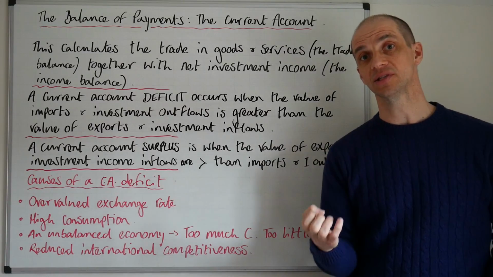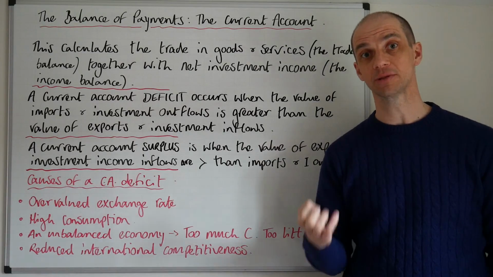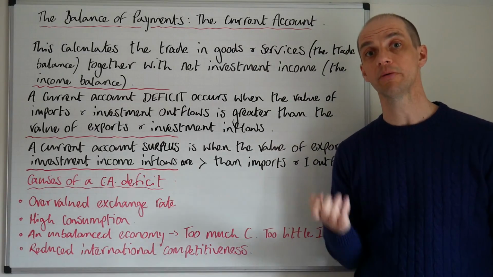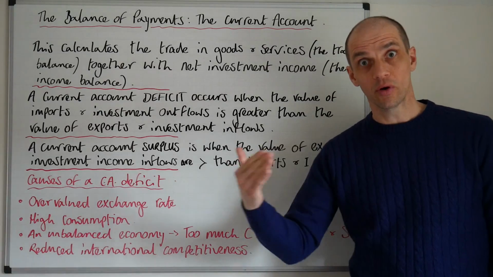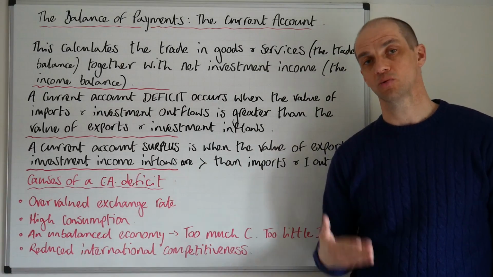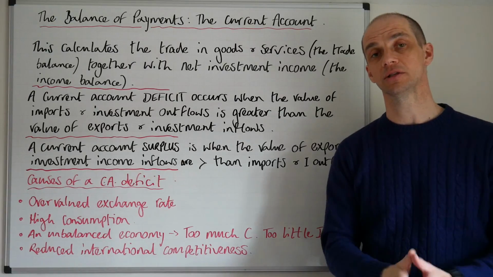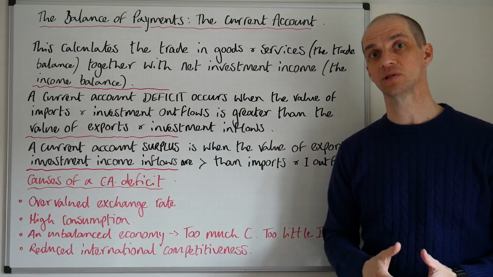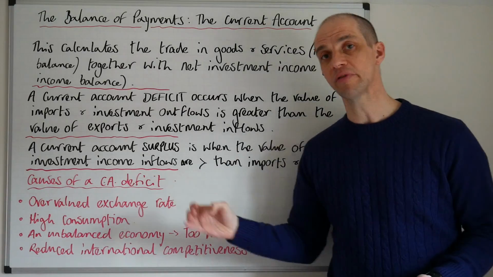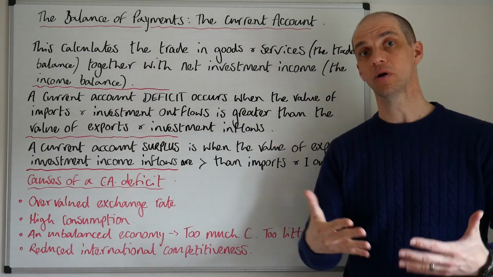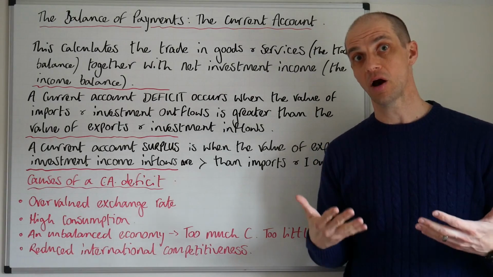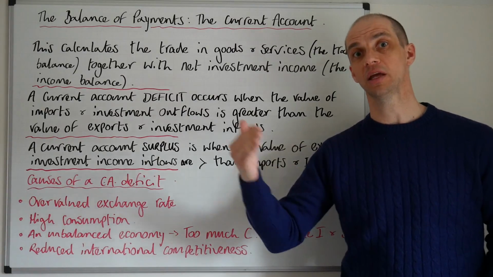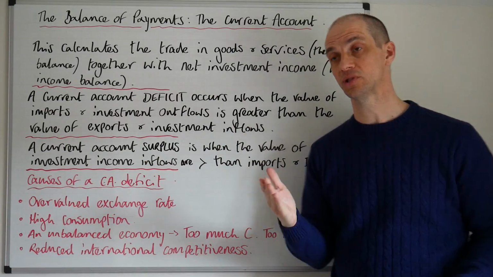So if there is an inadequate amount of investment taking place in perhaps research and development, then that's likely to mean that you won't be able to sell cutting edge products or cutting edge services overseas, because you don't necessarily have that expertise, having not carried out sufficient research and development. So it's very important that economies do try to ensure that they are really investing in the long-term future and moving up the value chain when it comes to their export sector.